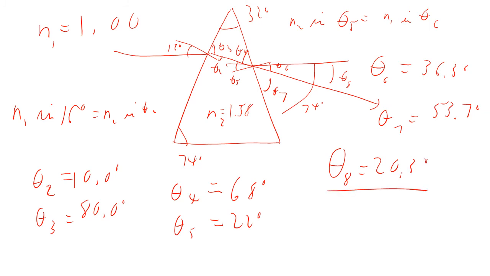Okay, so what does this mean? For a longer wavelength, it bends here, bends here, bends there. But for a shorter wavelength, it bends a little bit more, bends a little bit more. And so we have dispersion right here.